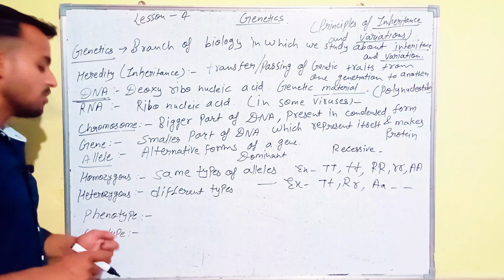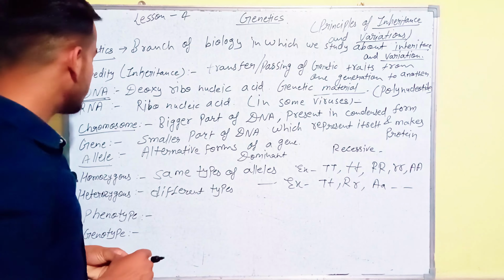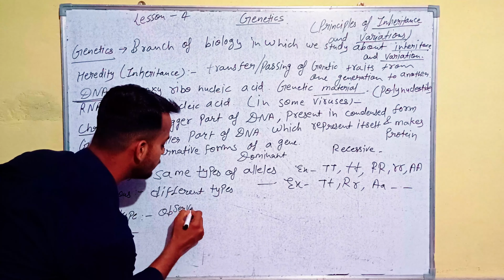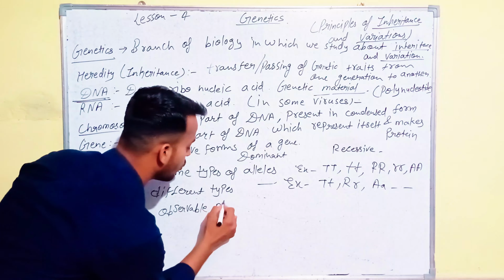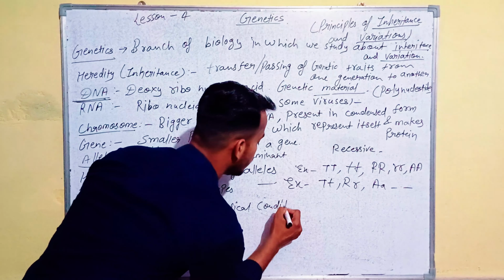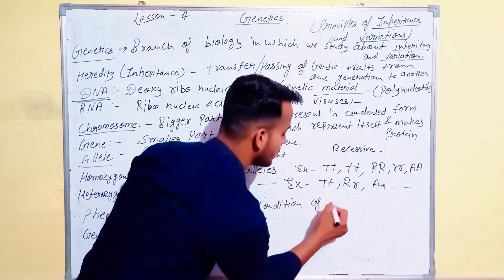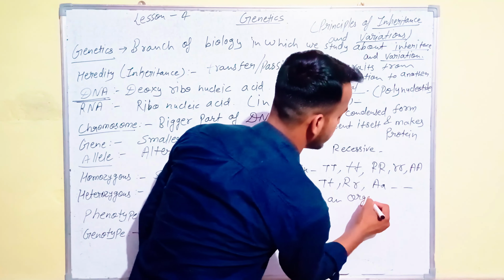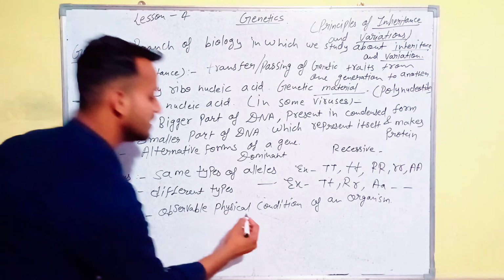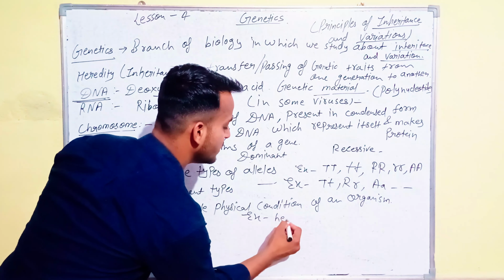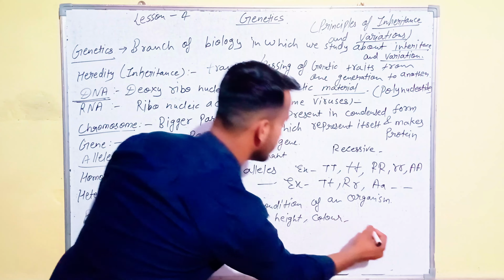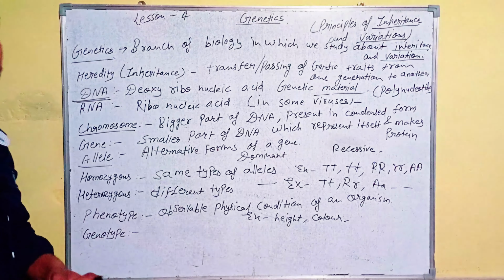So now we are going to study phenotypes and genotypes. Phenotype is the observable physical condition of an organism. That's called phenotype, like its height, color, etc. But what is genotype?